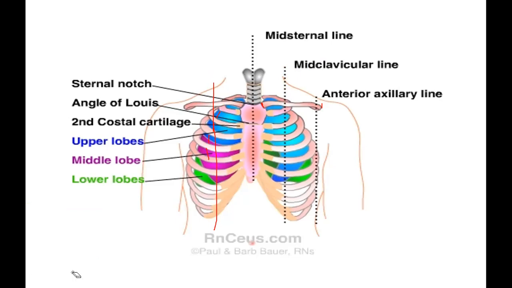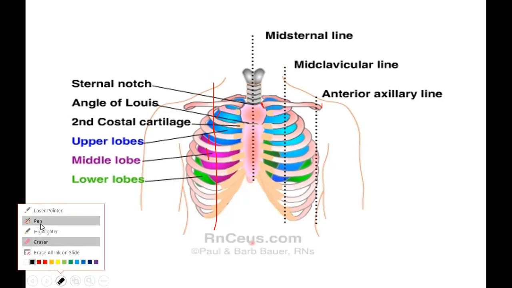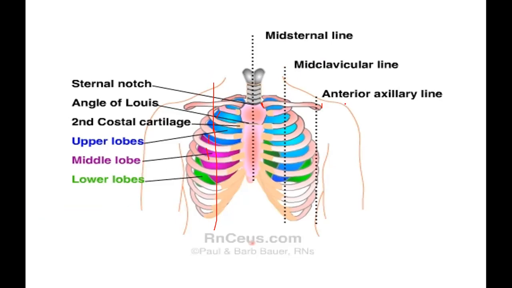Now, we also have the axilla. Where the axillary fold ends there, you can draw a vertical line going downwards, and we call this the anterior axillary line.